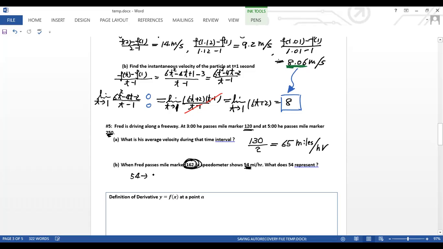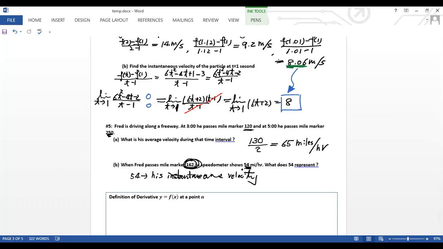It is his instantaneous velocity. So let's say at that moment when he passed the 162 mile marker, if he looks at his speedometer, his car shows he is doing 54 miles per hour.